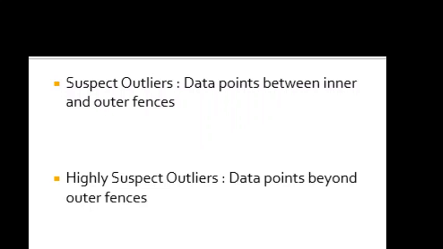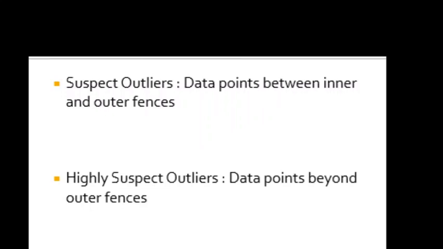So what happens is any measurements which fall outside the upper inner fence and the lower inner fence are suspected outliers. Any values which are outside the outer fences are definitely outliers. So we can compare these values to figure out if we have any outliers in the data.